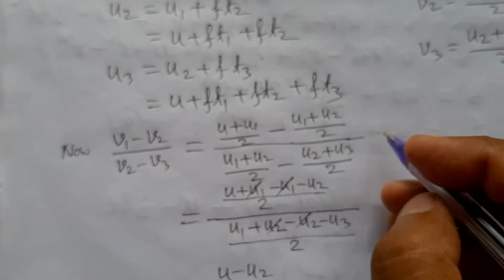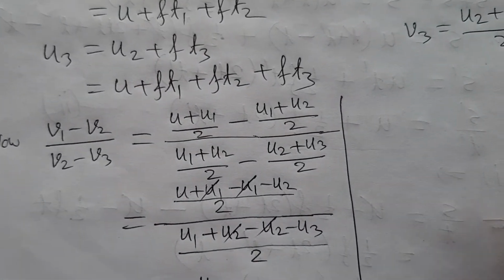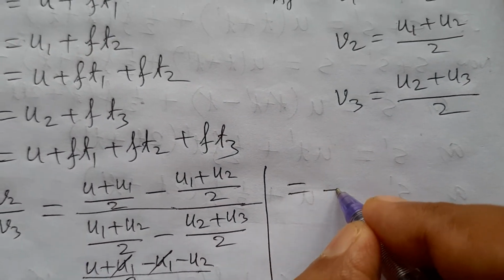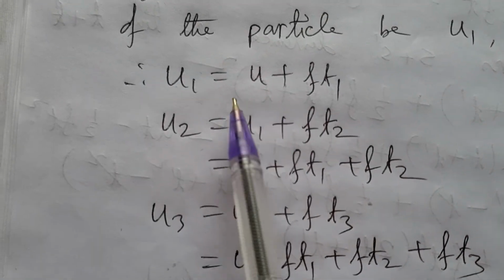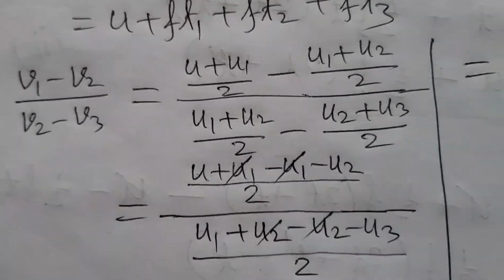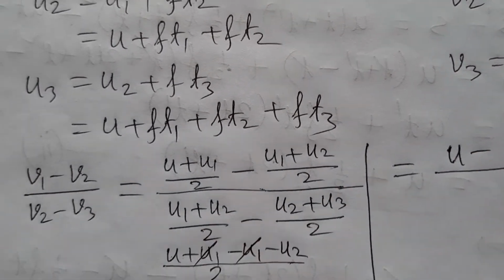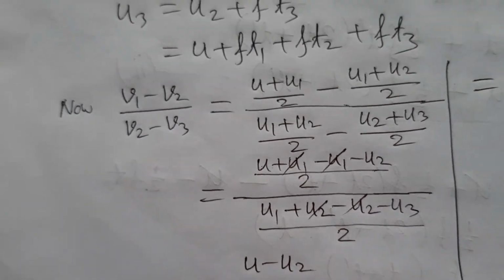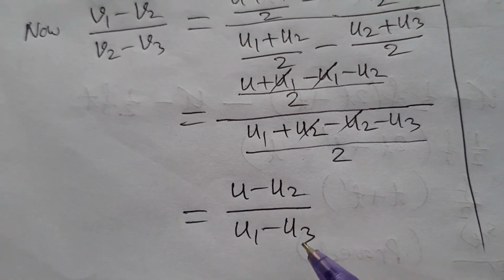Then we put these values. Earlier we found all the values u1, u2, u3.